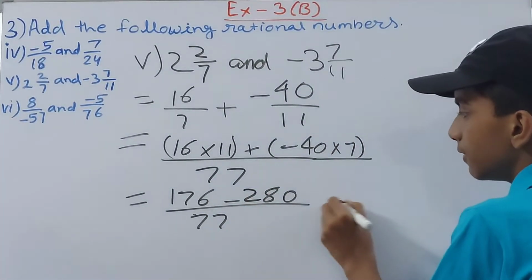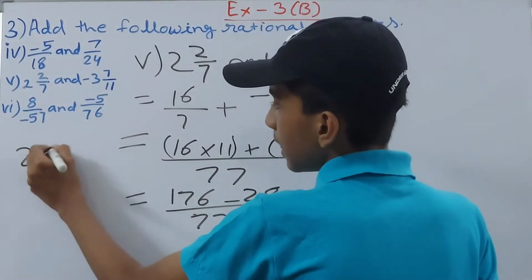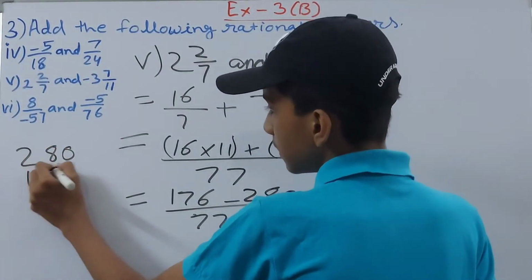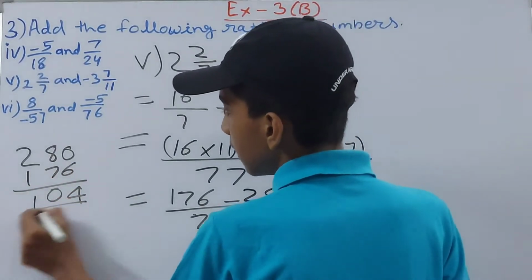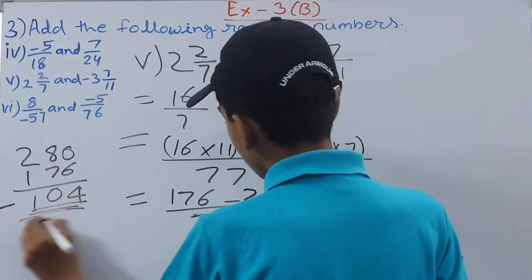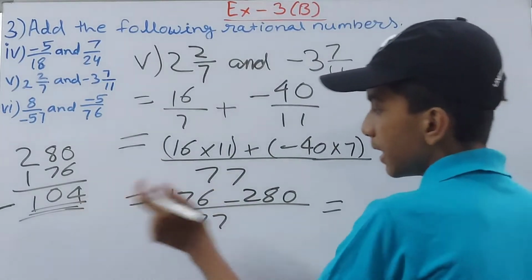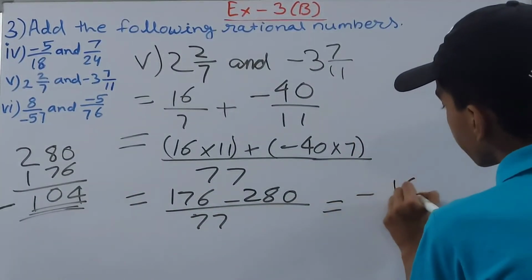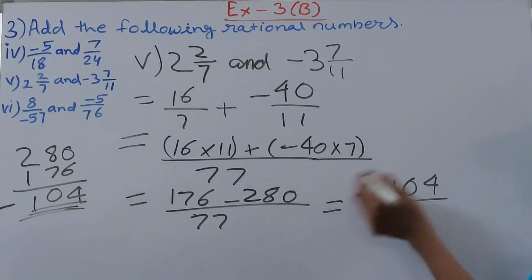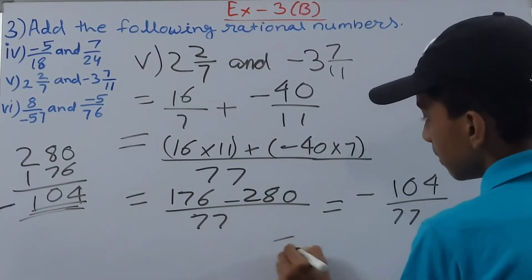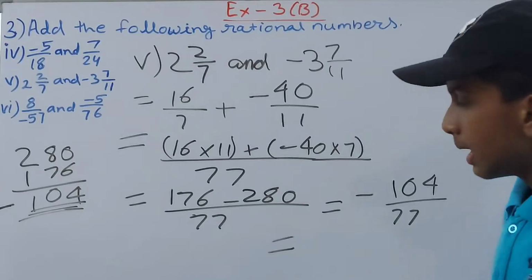So what will we get here? Let's subtract them both, right? So 176 minus 280 gives 104, and minus sign as well, because you can see plus minus is minus. So minus 104 upon 77, right? And let's convert this to the mixed fraction.